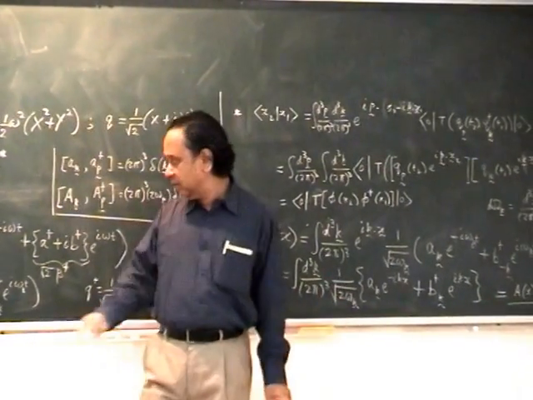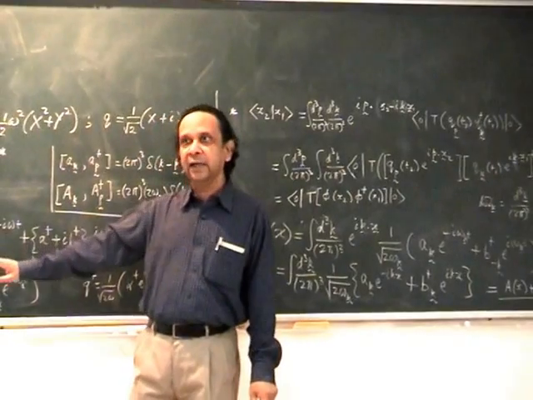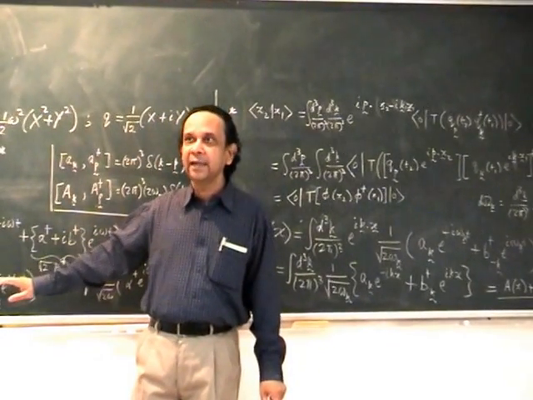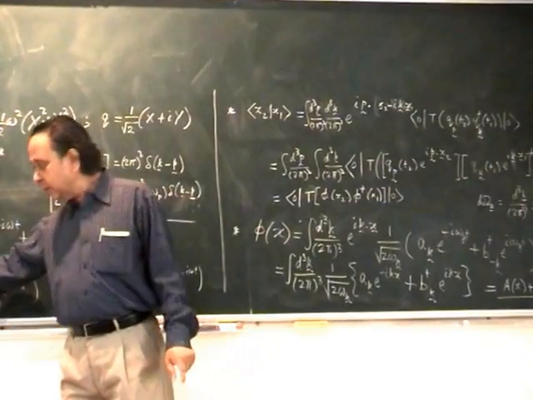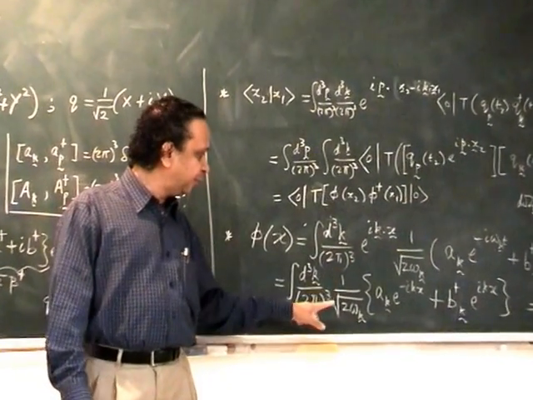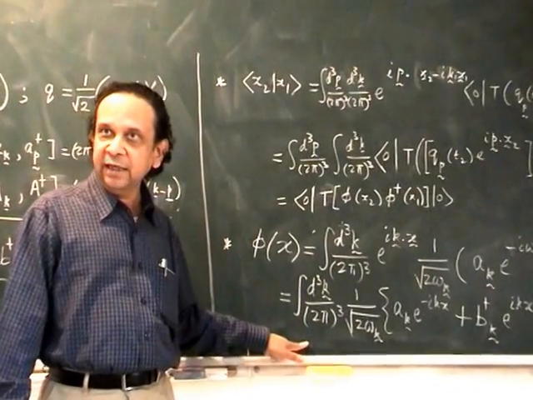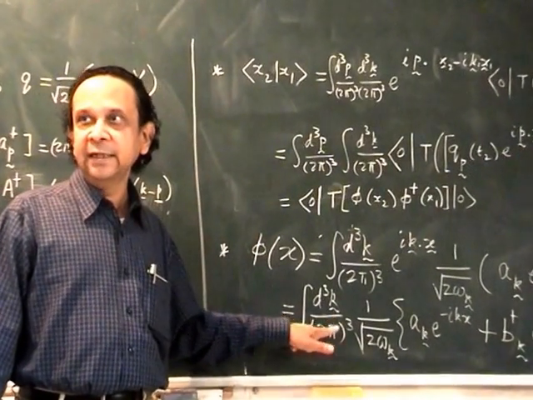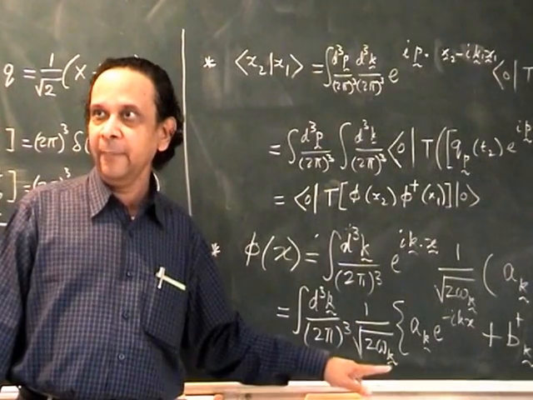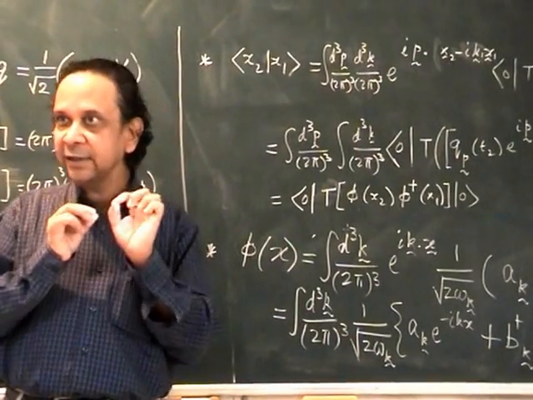You have studied this expansion in quantum mechanics. Nobody ever mentioned anything about Lorentz invariance at that time. But that 1 over root 2 omega combines with another root 2 omega to give you precisely the factor you need, so that when you do this integral, you get a Lorentz invariant result. Okay? So all these things tie in very nicely.